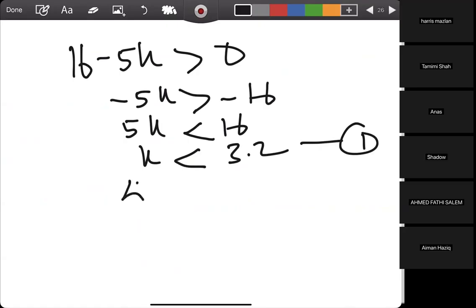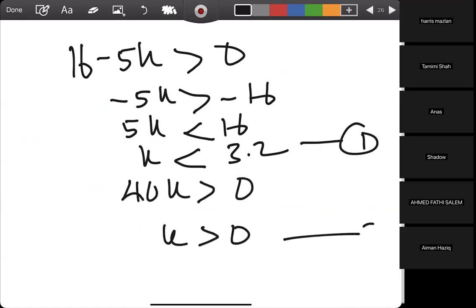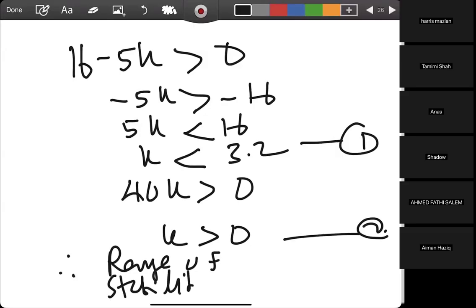And then 40K greater than 0, K greater than 0, equation 2. So therefore the range of stability is 0 less than K less than 3.2.